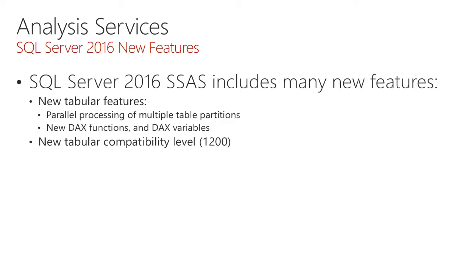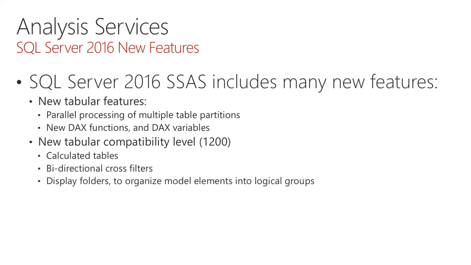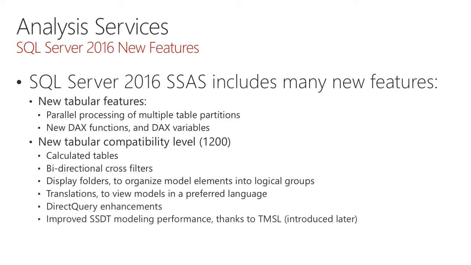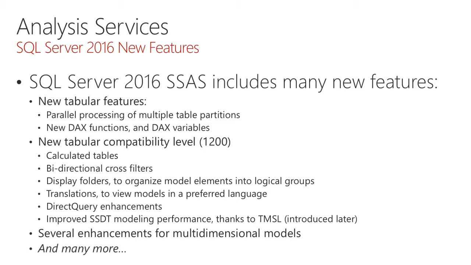New tabular compatibility level of 1200 supports new capabilities including calculated tables, bidirectional cross filters, display folders to organize model elements into logical groups, translations to view models in a preferred language, and enhancements to DirectQuery mode, and also improvements to SQL Server Data Tools modeling performance thanks to the tabular model scripting language. Several enhancements are also defined for multidimensional models, and there are many other new features included in the SQL Server 2016 release.